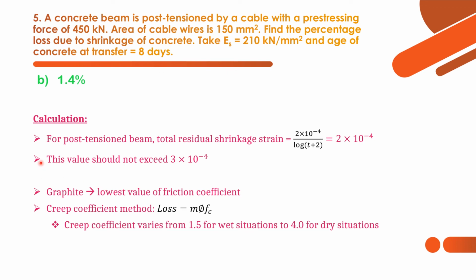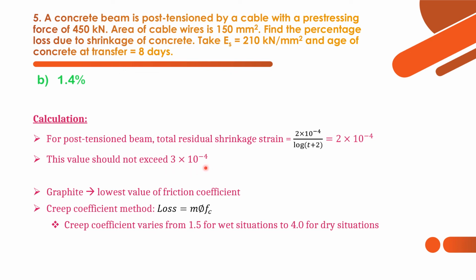And now we shall see some more important things regarding shrinkage strain and other things. This shrinkage strain value should not exceed 3 into 10 power minus 4. In case of pre-tensioning, we already assume that the shrinkage strain shall be 3 into 10 power minus 4. But in case of post-tensioning, we are using this formula. Even though we can use this formula, this value shall not exceed 3 into 10 power minus 4 strain.